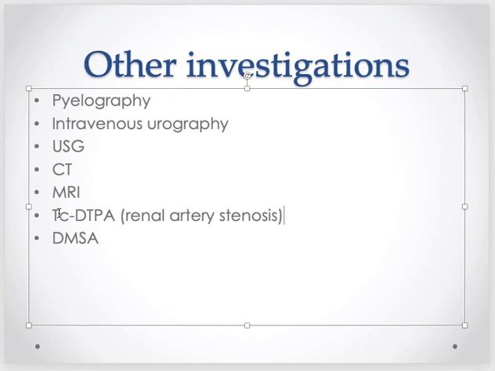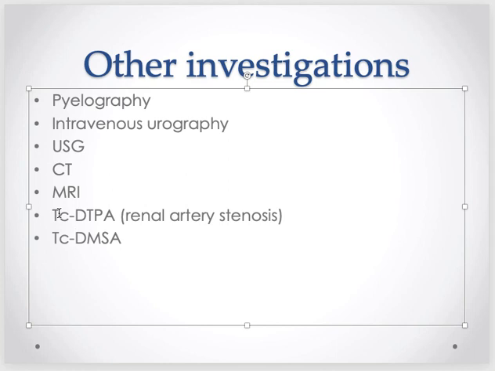And what about the DMSA scan? Again, they give 99mTc-labeled DMSA, which is dimercaptosuccinic acid. They label it with technetium, and again the same thing.